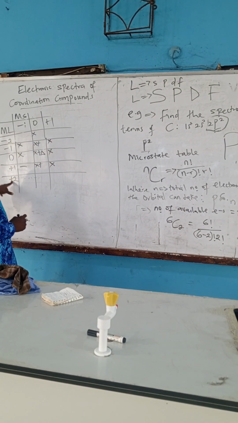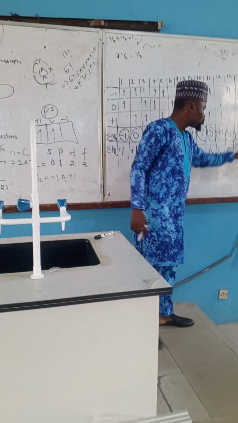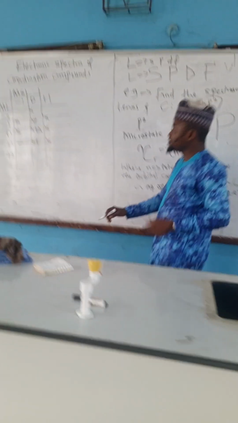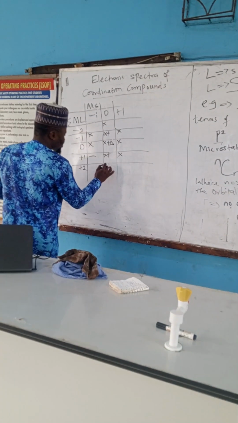Then 2 against minus 1. In fact, we only have 1 plus 2, and it is against 0. 2 plus 2 is against 0.